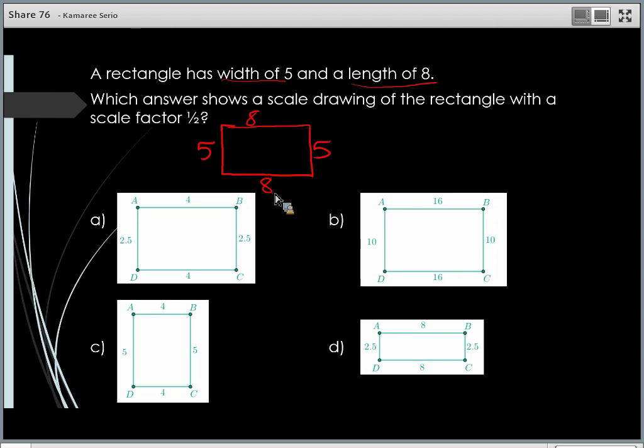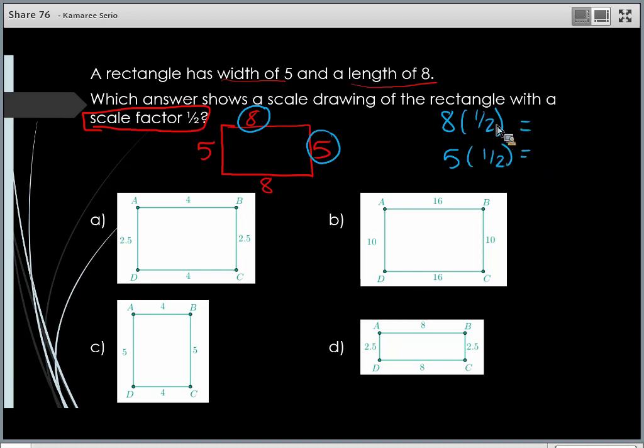Okay, remember that in a rectangle, your opposite sides, this 5 and 5, are parallel, which means they're the same height and length. And my scale factor is 1/2, which means that I need to multiply both the 8 and the 5 by 1/2. So I'm going to have 8 times 1/2 and 5 times 1/2.